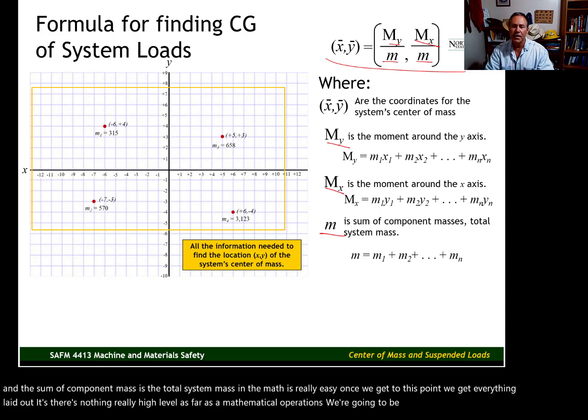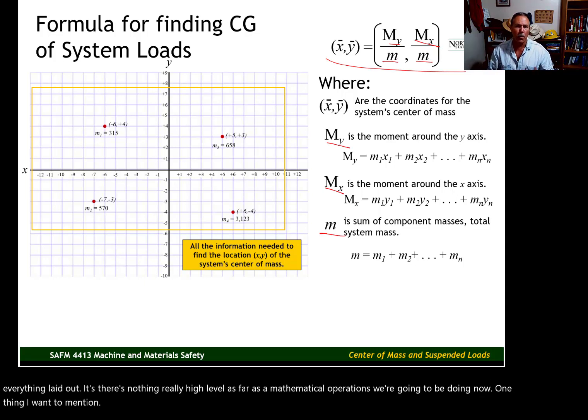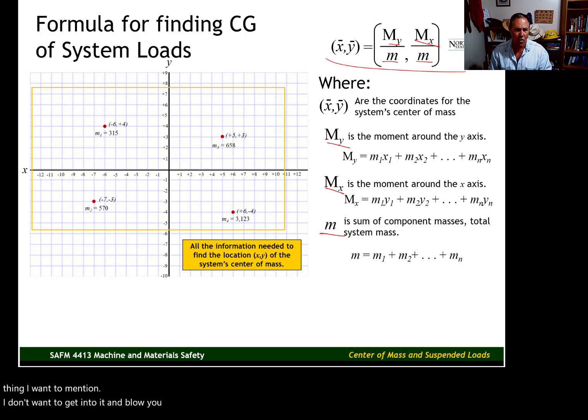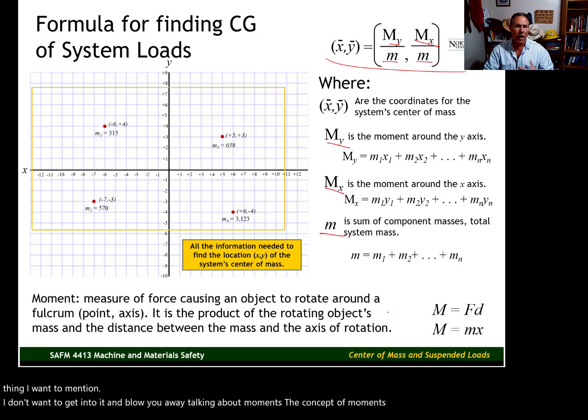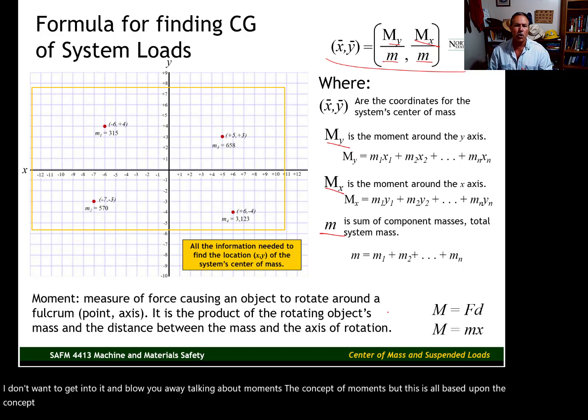Now, one thing I want to mention, and I don't want to blow you away talking about the concept of moment. But this is all based upon the concept of moment, which is the measure of force causing an object to rotate around an axis. Around an axis, around a point, around a fulcrum, those three terms can be used interchangeably.